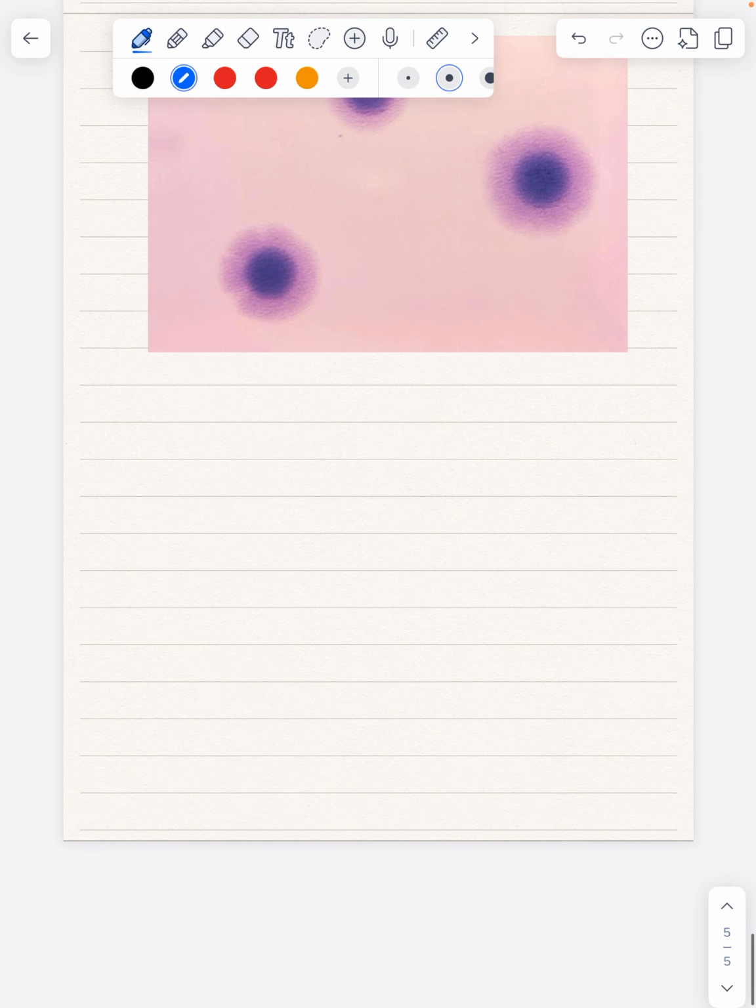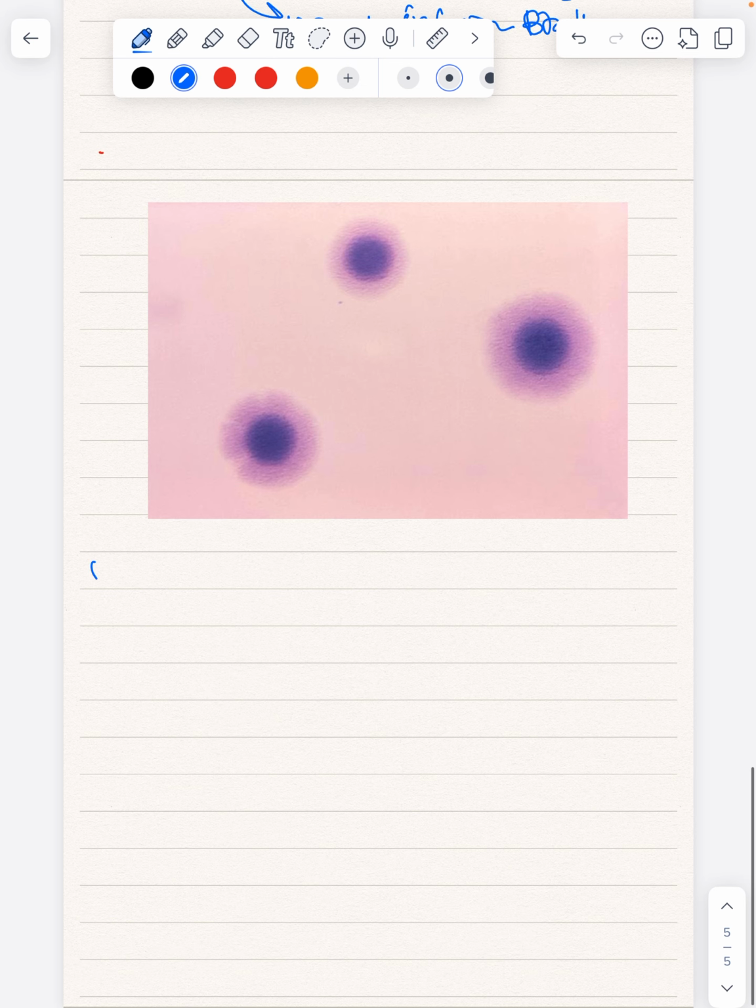Now, how will you detect the growth of the Mycoplasma? First on the solid medium, then second on the liquid medium.